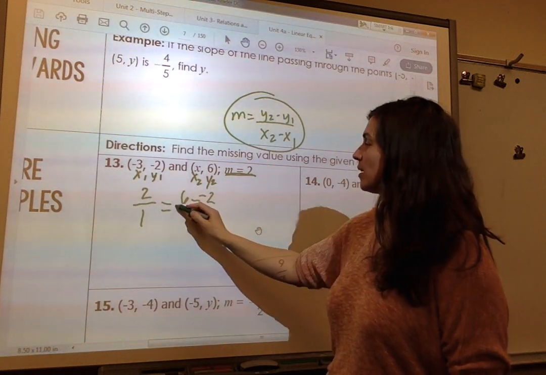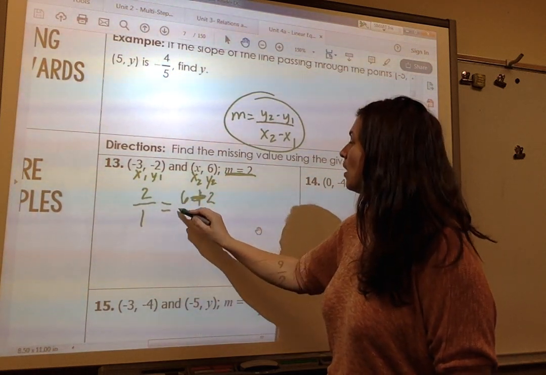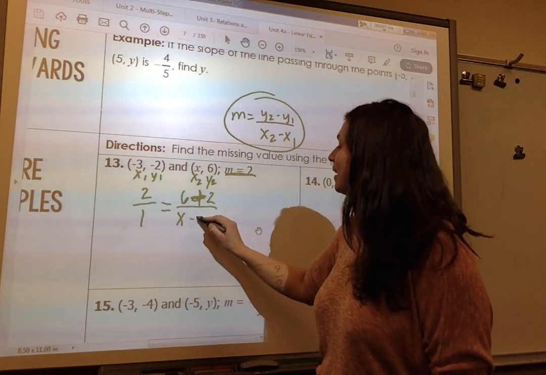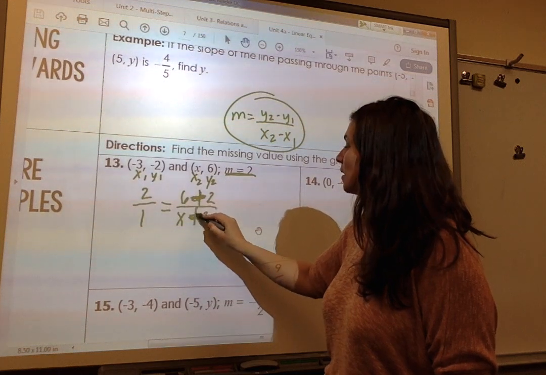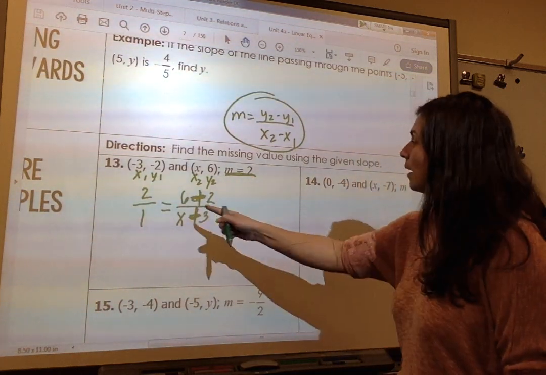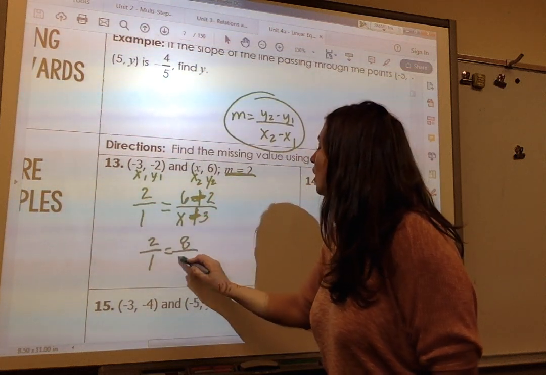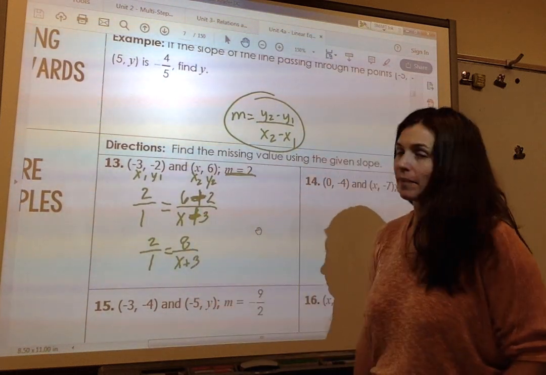What is 6 minus a -2? It's a positive, over x minus a -3. X minus a -3 is a positive 3. Okay? So now I can even simplify. I have 2/1 equals 6 plus 2 is 8 over x plus 3.